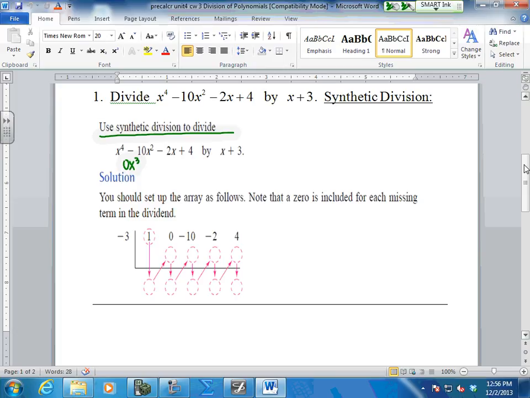Then I have an x squared, then I have a 1, and this guy is actually x to the 0, which is 1. So I never see the x. So pull out the coefficients. 1, 0, -10, -2, and 4.